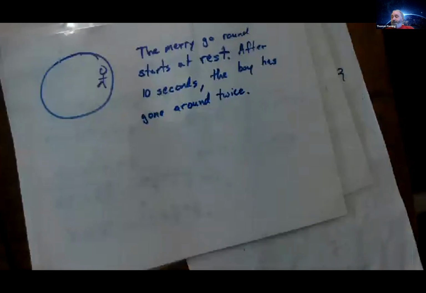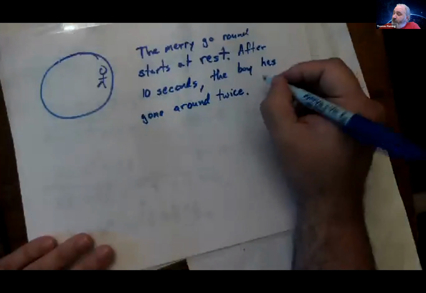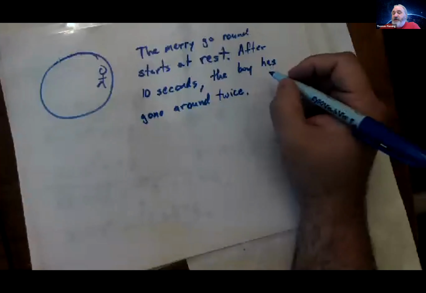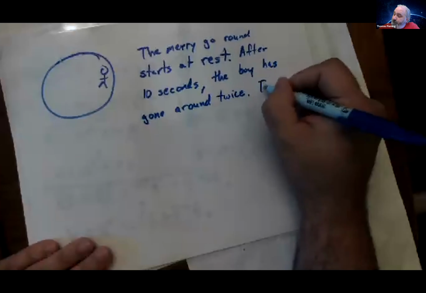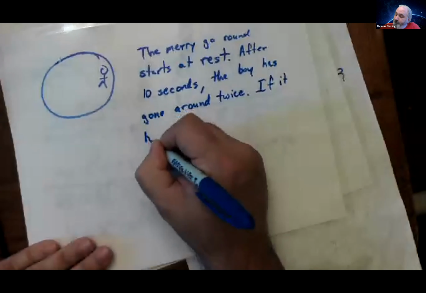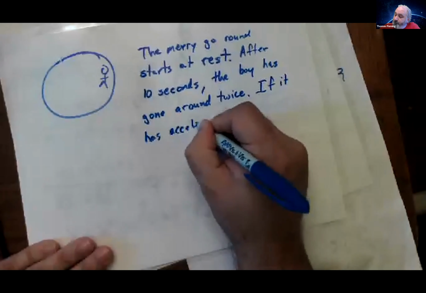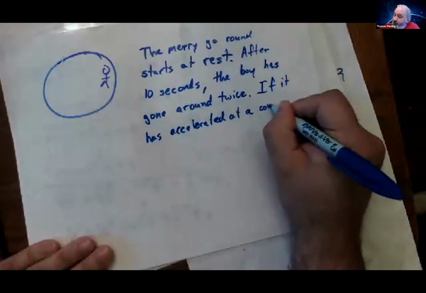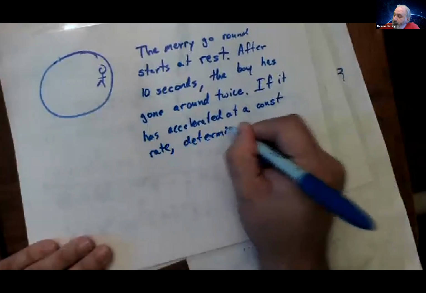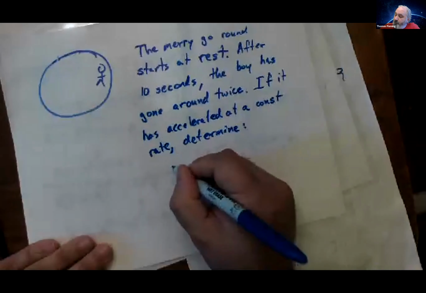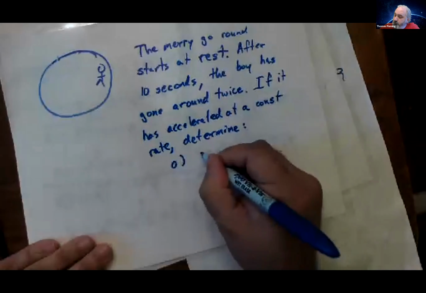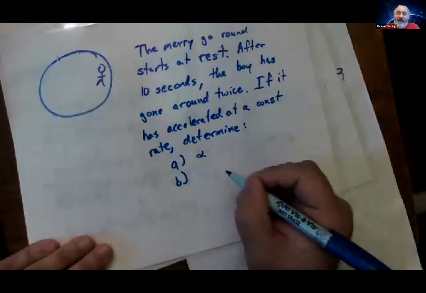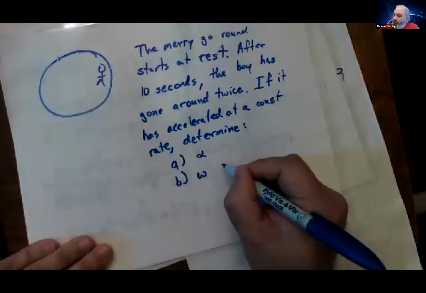So far, so good. So what I'd like to know is that if the acceleration of this thing is constant, I'd like to determine A, the angular acceleration, and B, I'd like to figure out what is the final angular velocity.